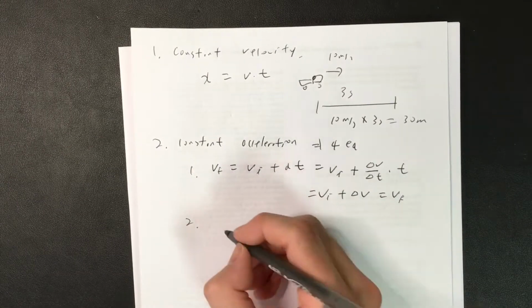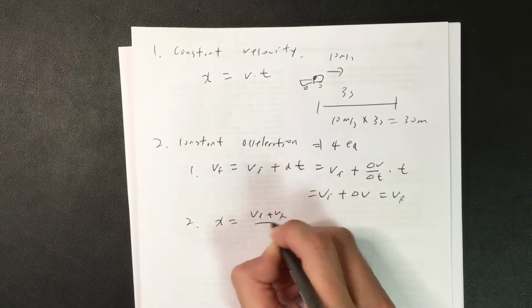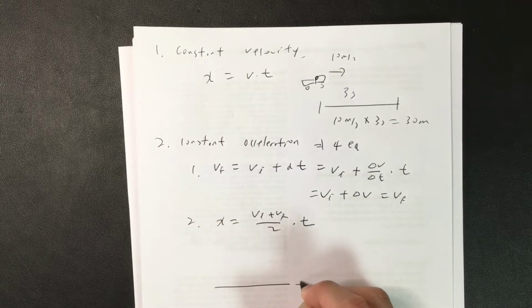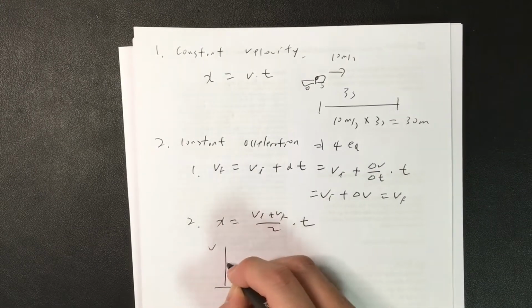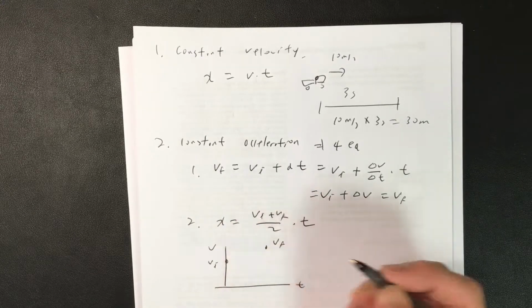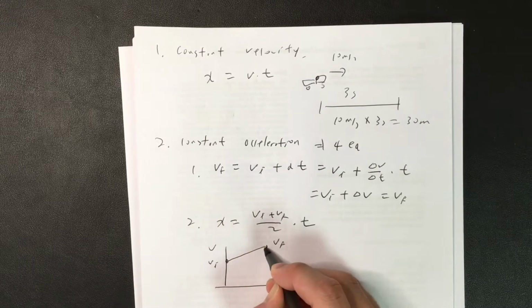The second equation is that position x equals (v initial plus v final) over 2 times time. This is because if I draw a graph of velocity versus time, it is going to start at v initial and end up at v final. Since acceleration is constant, it is going to vary linearly.